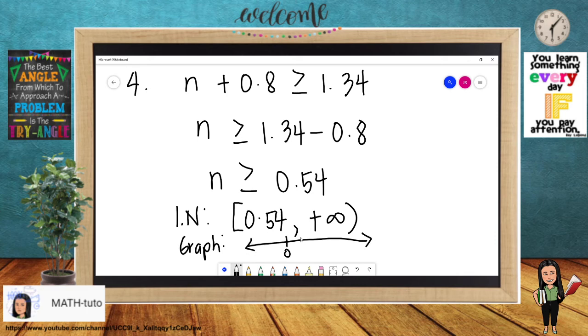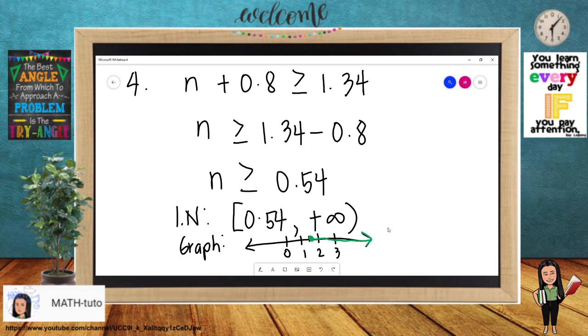So 0, 1, 2, 3, and so on. It is shaded, so it is more than half. So somewhere here, circle, and then shaded. And then we are going to the right. So that is the graph of n greater than or equal to 0.54.